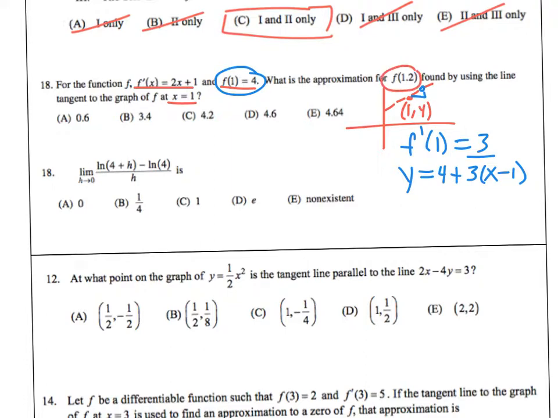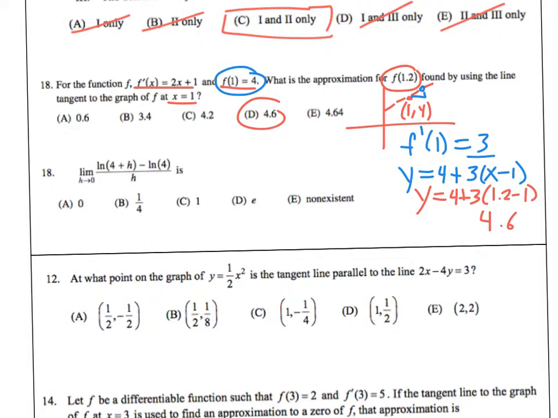For 1.2, because we're trying to find it really close to this point, I'm going to plug 1.2 in here. We get y equals 4 plus 3 times (1.2 minus 1), which is 0.2. 3 times 0.2 is 0.6, and we get 4.6 as that value.